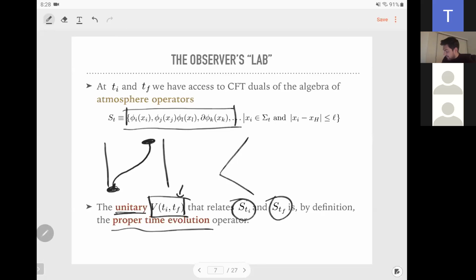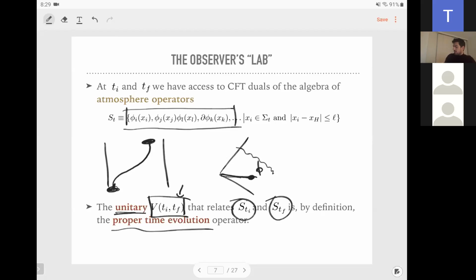So if this is my black hole in the original slice, I simply label these fields phi with respect to the geodesic distance from the apparent horizon on that slice and their angular location along the sphere, the angular coordinates on the horizon. Of course, if matter falls in, this will cause the black hole to get bigger. So the horizon location gets shifted, and therefore the atmosphere operators after the infalling matter will be dressed to the new horizon. So they will also be shifted, and this will be an important feature later on.